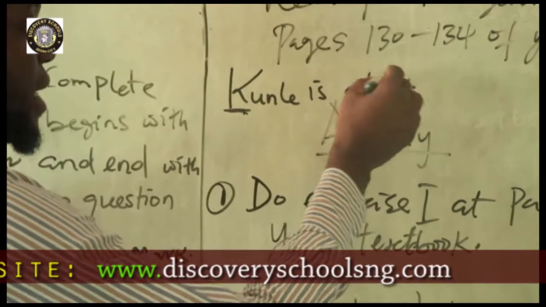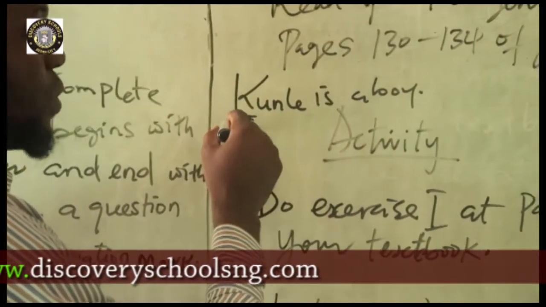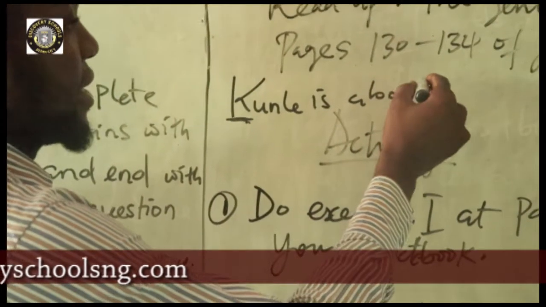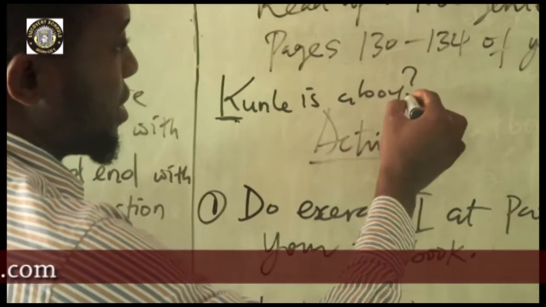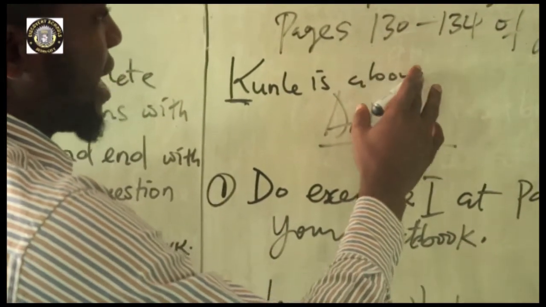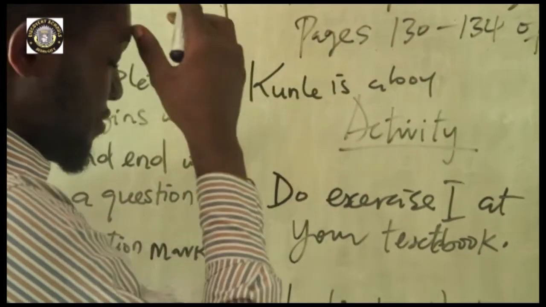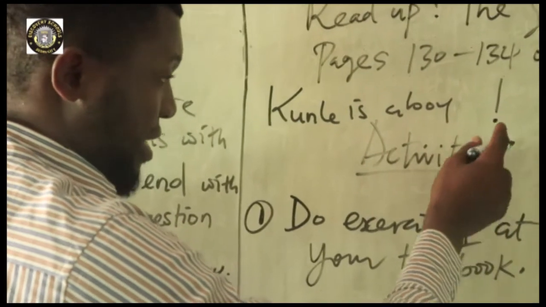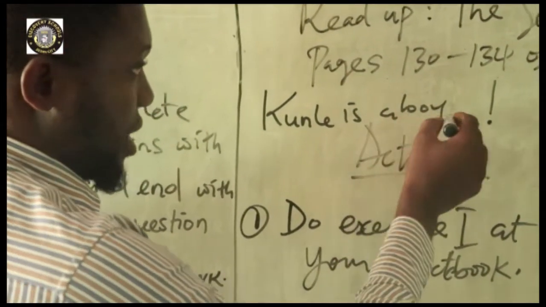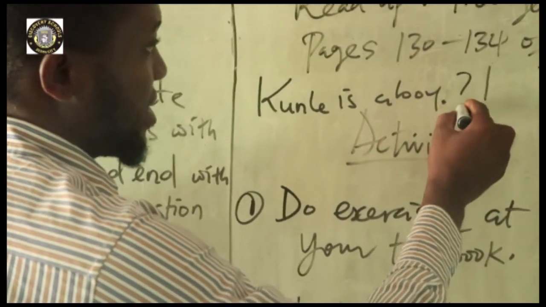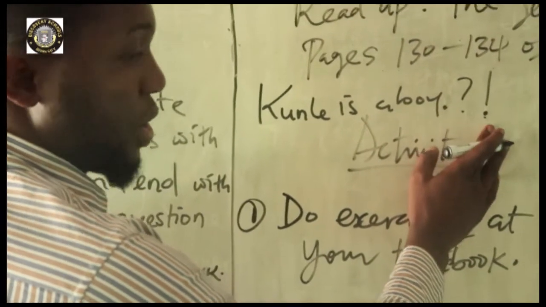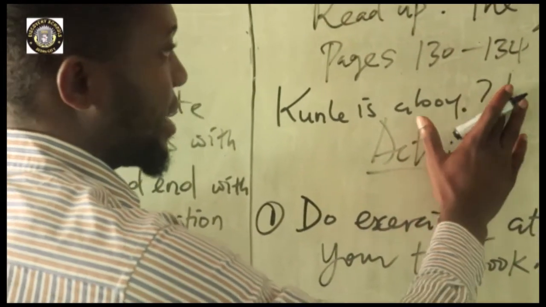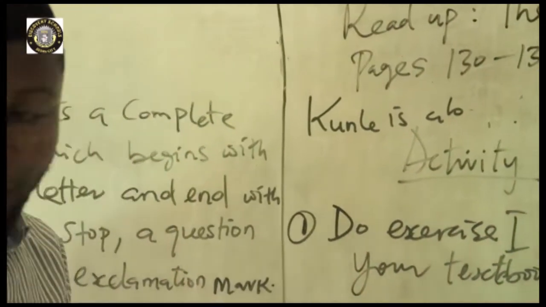A full stop. If we take this to the beginning and we say, is Kunle a boy? Then it will end with what? A question mark. But if it's just an exclamation of a set of feelings, you can just put an exclamation mark. So any statement that ends with either a full stop, a question mark, or this mark is what we call a sentence. Is that okay? Very good.